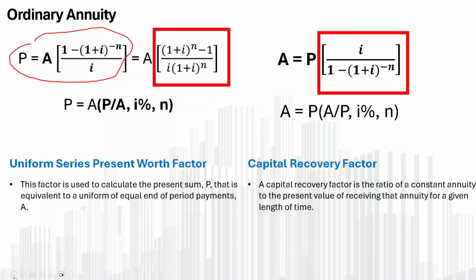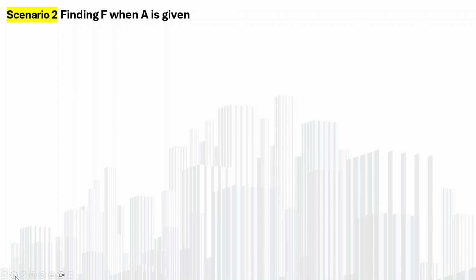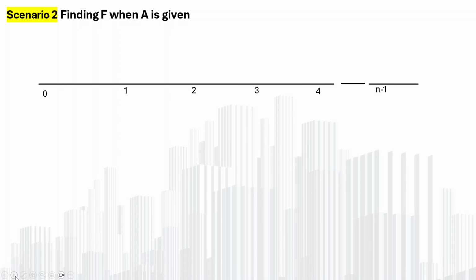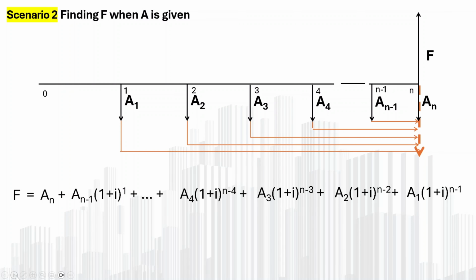So, if there is present worth, there is also future worth, when finding the future worth when the annuity is given. The derivation is pretty much the same, but instead of returning it back to present time, we're pushing it forward. In this particular case, An minus 1 will be moved forward by 1 period, and then A4 will be moved n minus 4, and so on and so forth.